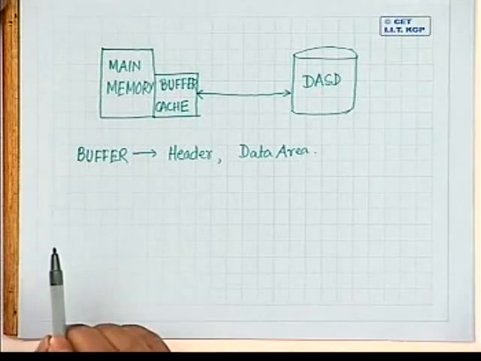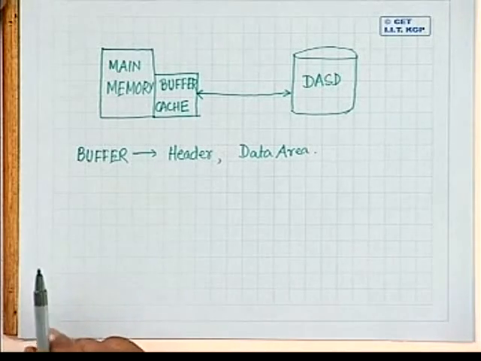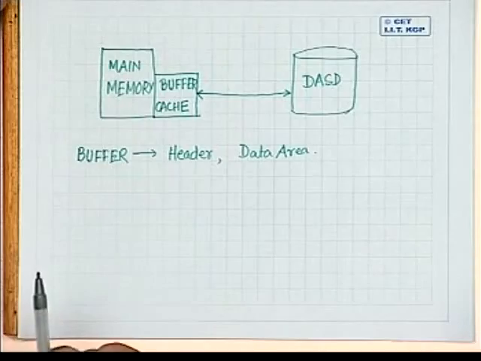Okay. So the access mechanism is, if there is a cache miss followed by a main memory miss, then I have to access the data from the secondary storage. Now, before going to the secondary storage, the operating system will first look in the buffer cache, whether the requested block is available there or not. If it is available in the buffer cache, then you don't have to read it from the secondary storage.